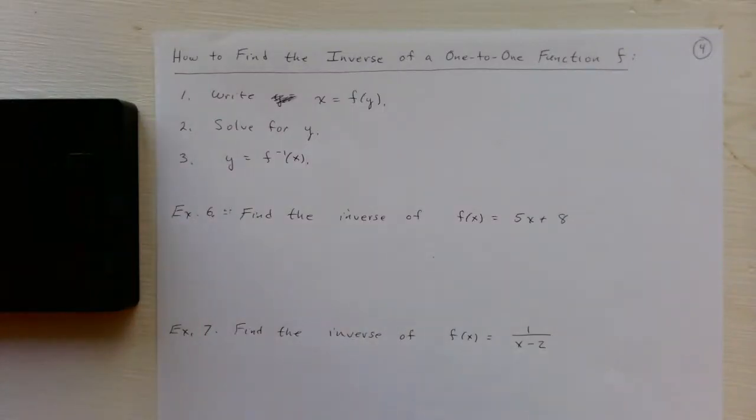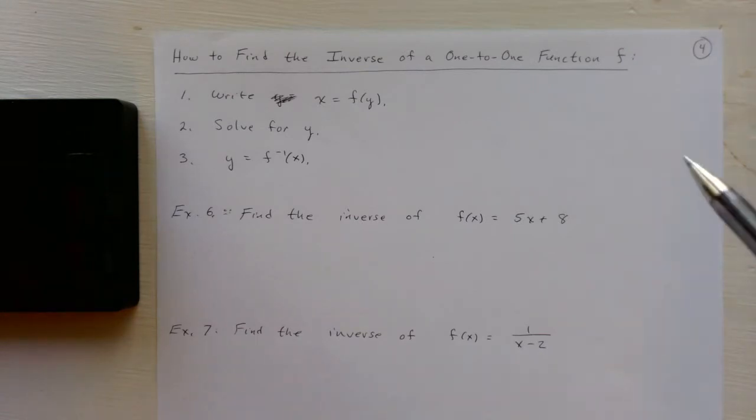All right, so we know that if a function is one-to-one and has an inverse, how do we find that inverse? Well, it's a standard process, which has two easy steps and one hard step.